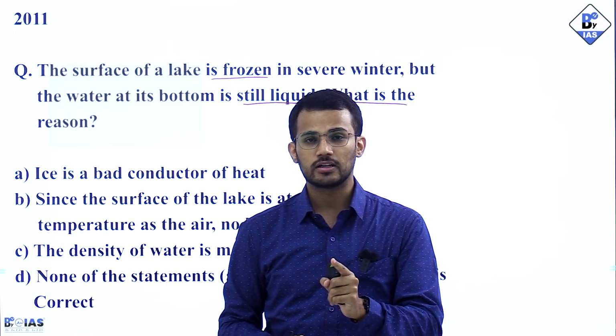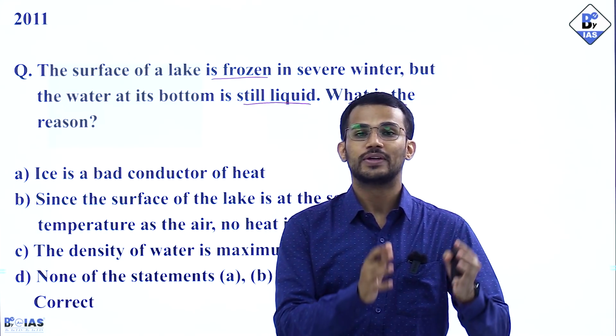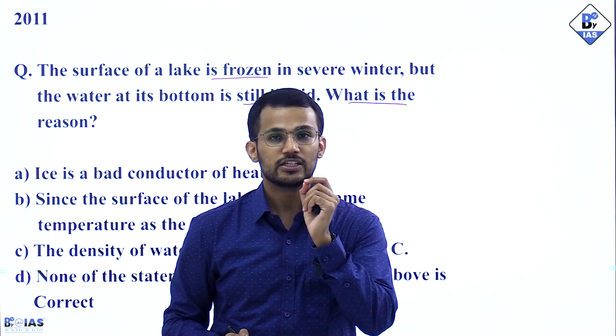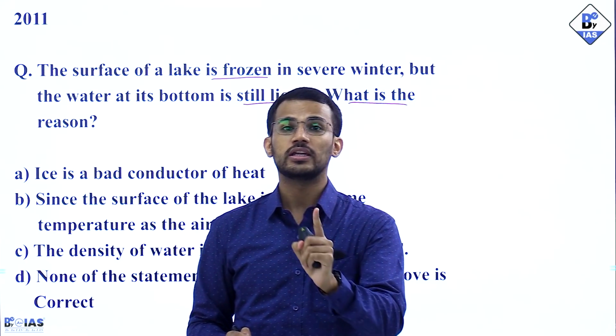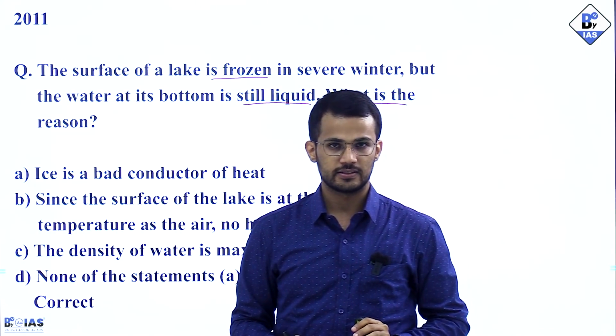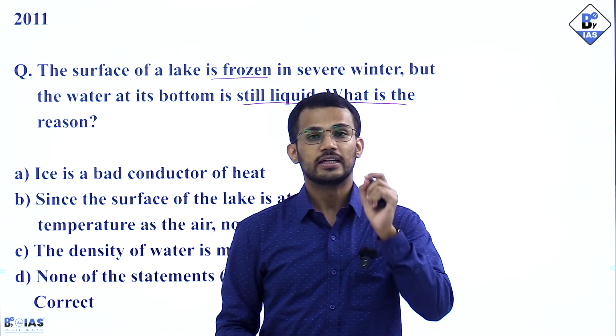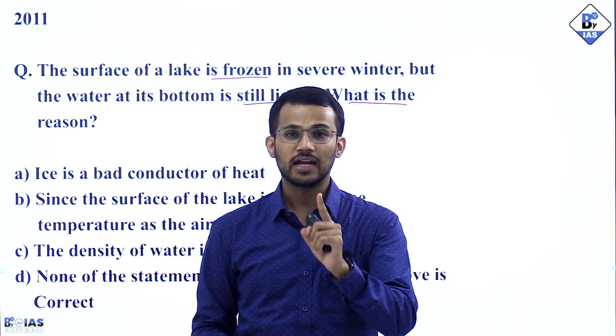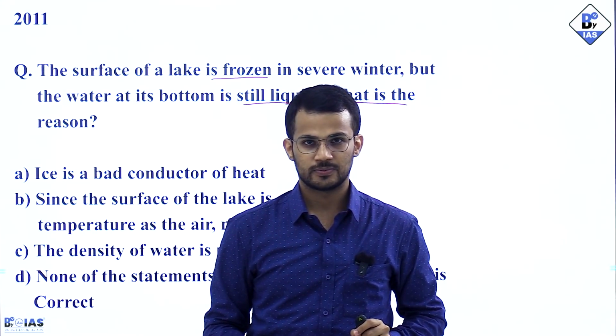But for water, this phenomenon of decrease in the temperature and increase in the density is true up to only 4 degrees Celsius. That means the density of water will be highest at 4 degrees Celsius.